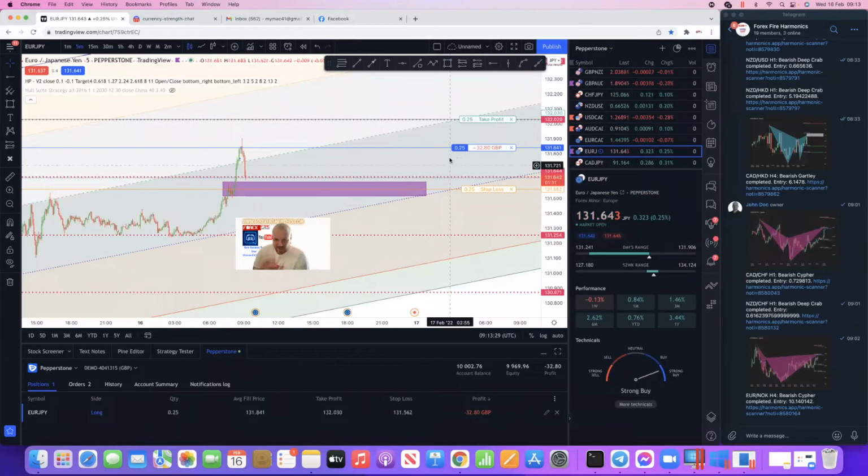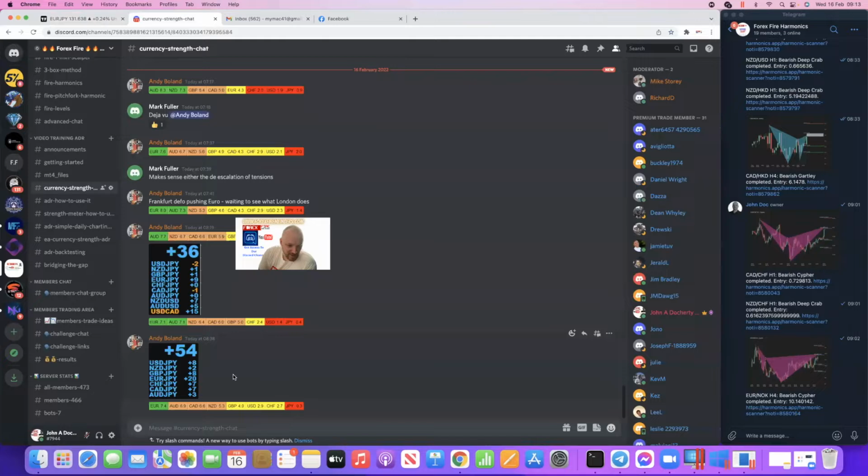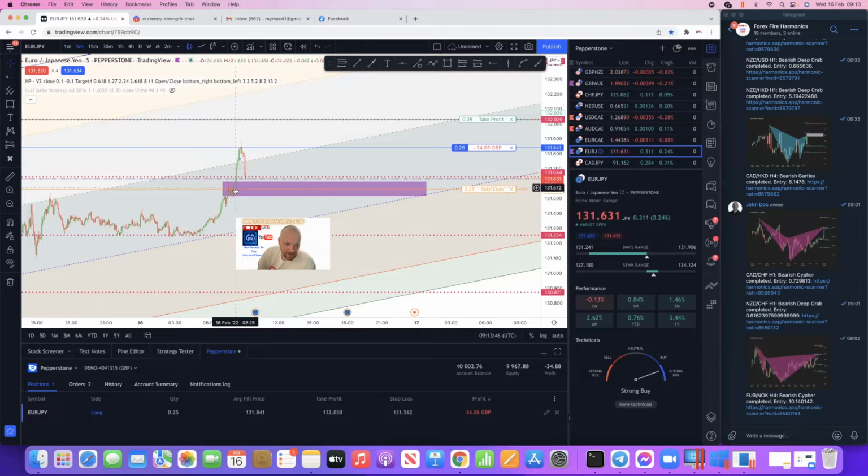So guys, we are in some drawdown now. We are on the level. We've come down. I was basing the entry on the strength meter as well, which we have in our Discord. The Euro was strong. The JPY is weak. So I was expecting the push. It looks like it's already made its push from that aspect, to be honest.